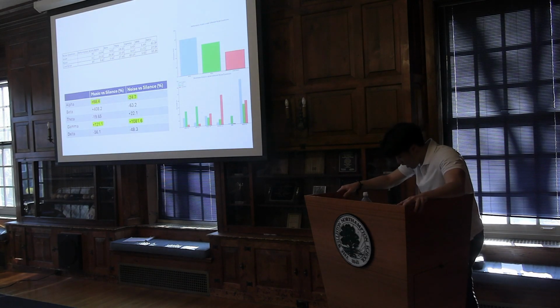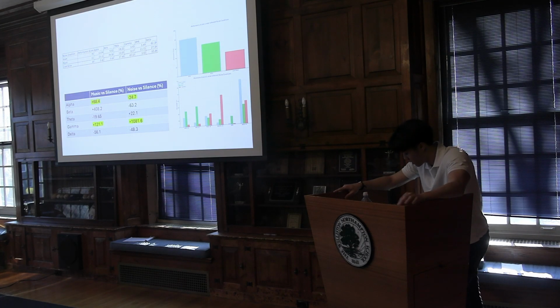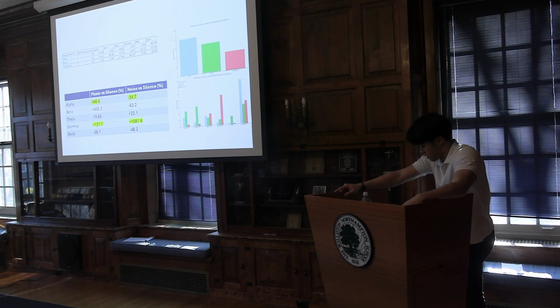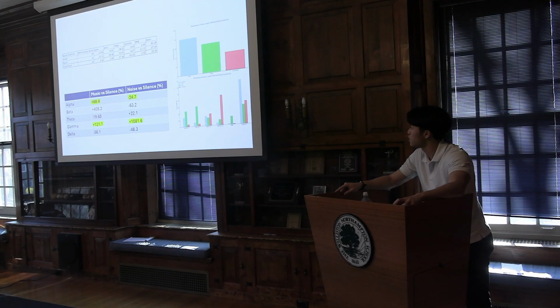But on the other hand, it was kind of counterintuitive that gamma wave, which is responsible for cognitive function, is the highest when I read the book in noise. Although we tend to think that we're the most productive in the silence, based on the experiment and the research, certain types of noise, such as white noise, might boost your productivity.